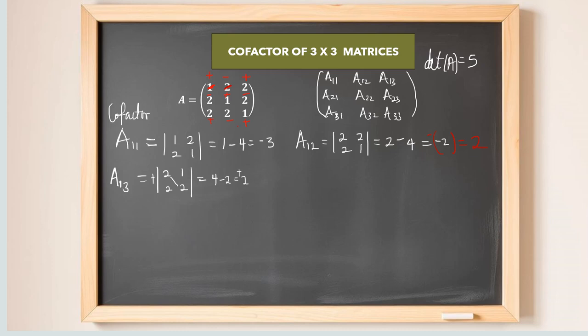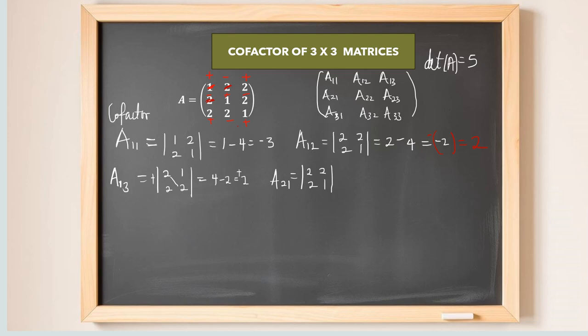And the next one is to move to the second row. Here we have A21, that is second row, first column. If you cancel out this row and this column, you have 2, 2, 1, 2.